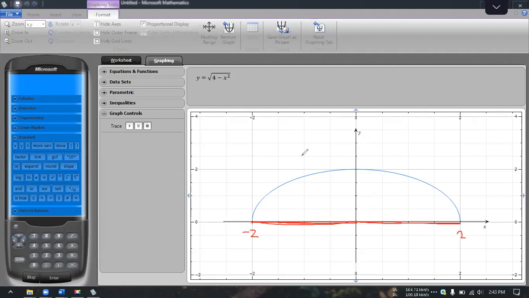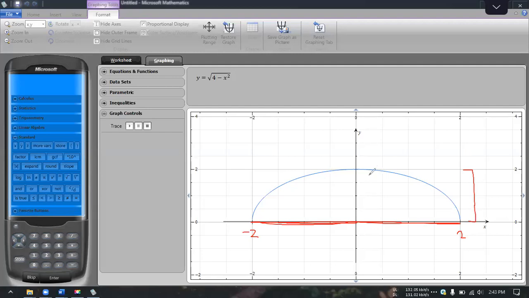And for our domain, this is our domain: all x such that x is greater than or equal to -2 but less than or equal to +2. And our range is only this: from 0 to 2.